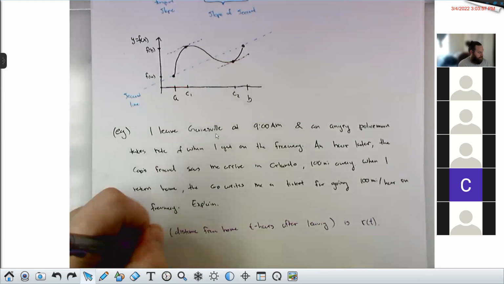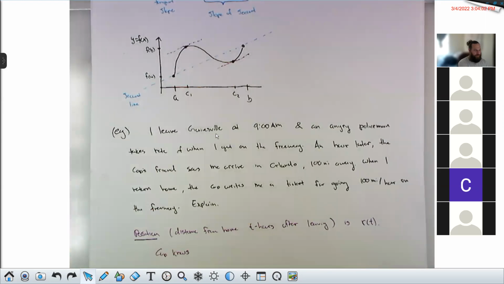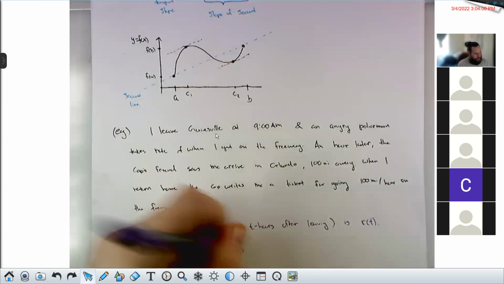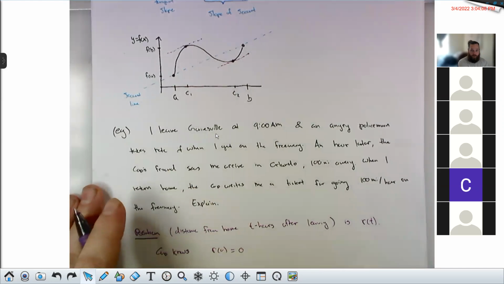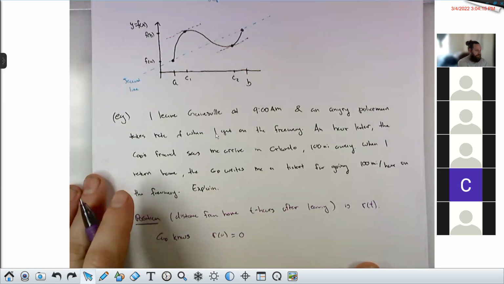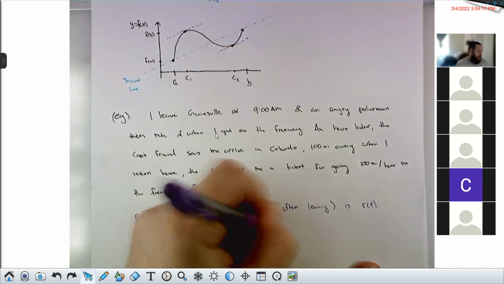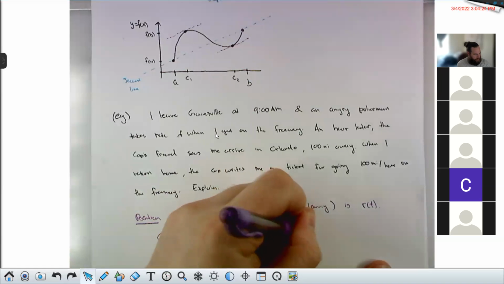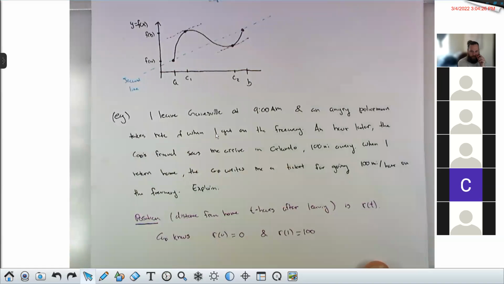Then the cop knows a few things. He knows that R of 0 is 0. 0 hours after I leave, I haven't left yet, so my distance is 0. And that R of 1, because his buddy in Orlando called him up when I got there, is 100. 1 hour after I left, I was 100 miles from home.